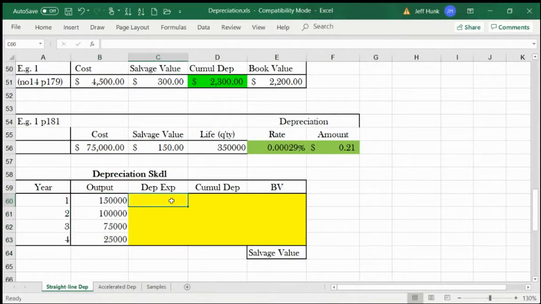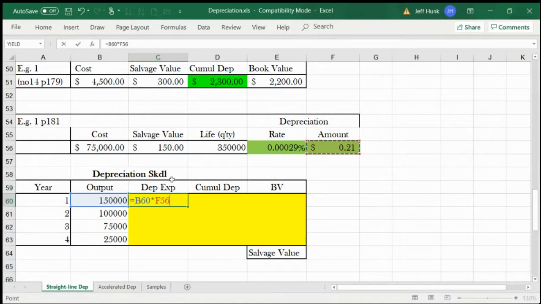Okay. Anyway, it's not a difficult thing. Depreciation expense each year is simply the output of that year times the depreciation amount per unit. And one more thing.